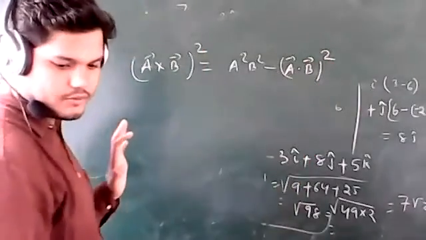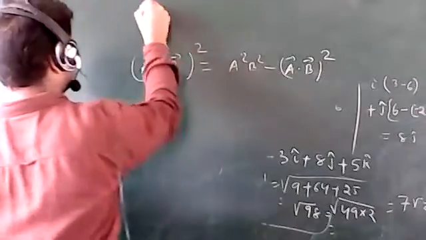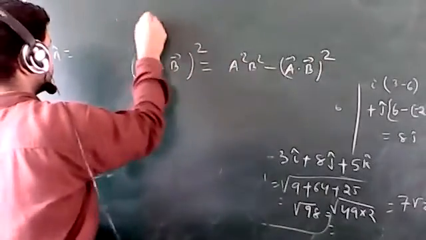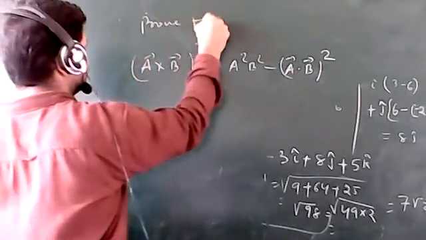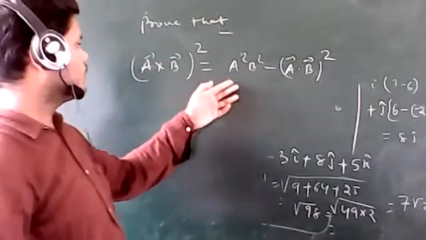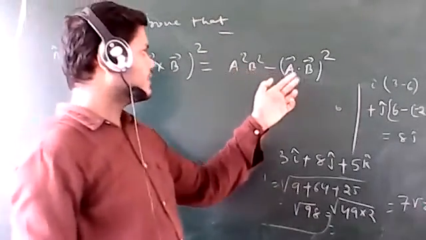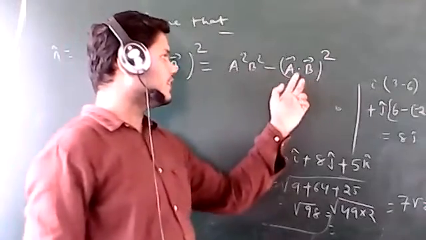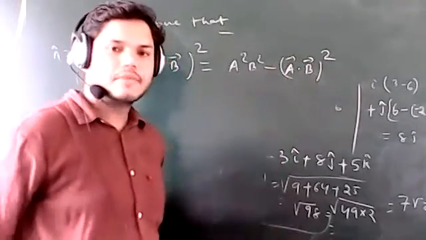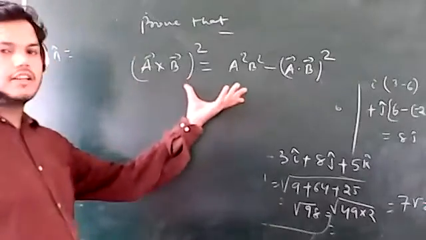We have to prove that if A and B are two vectors, then A cross B square equals A square B square minus A dot B whole square. So you have to prove this particular statement.